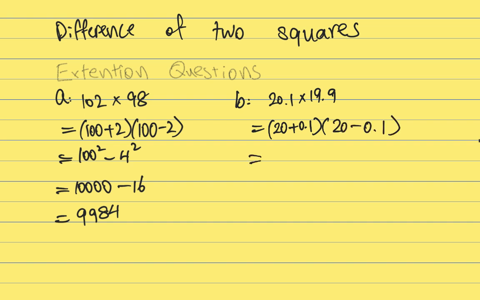Then we use the rule: 20 squared minus 0.1 squared equals 400 minus 0.01, which equals 399.99.